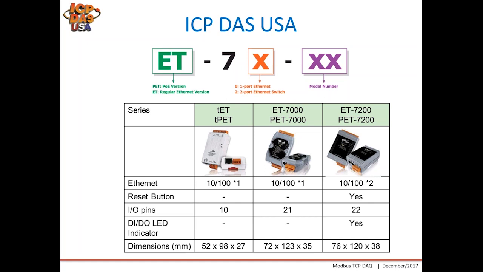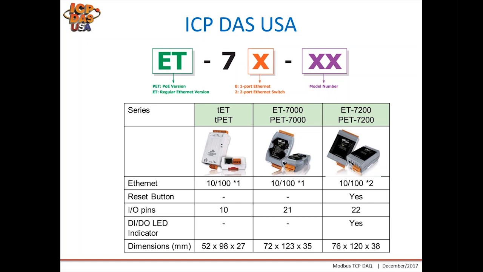The ET series has 21, and the ET7200 has 22. Dimensionally, they're shown at the bottom with the T for tiny series being the smallest in footprint, and the ET7200 being slightly bigger than our ET7000 series.